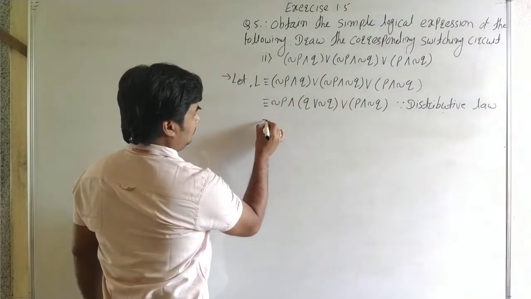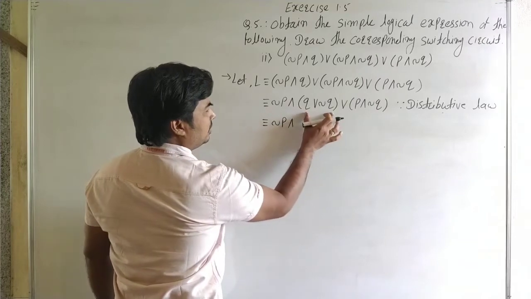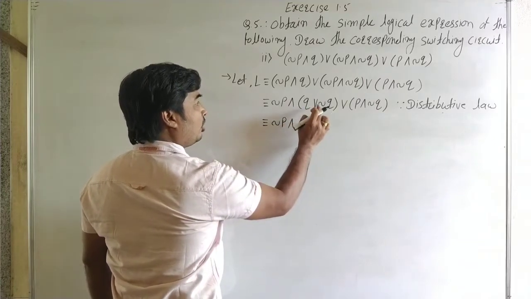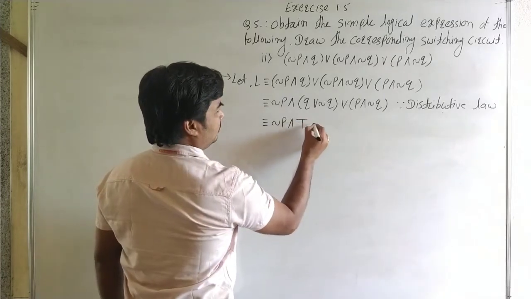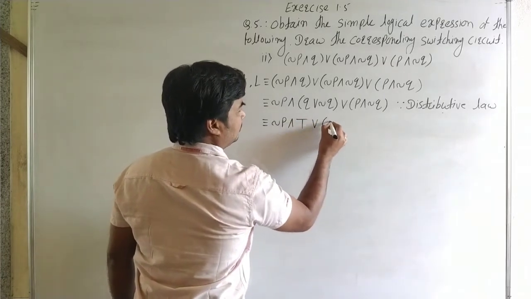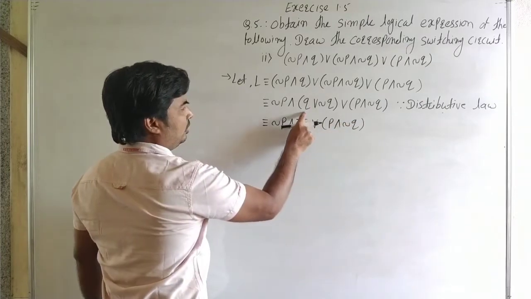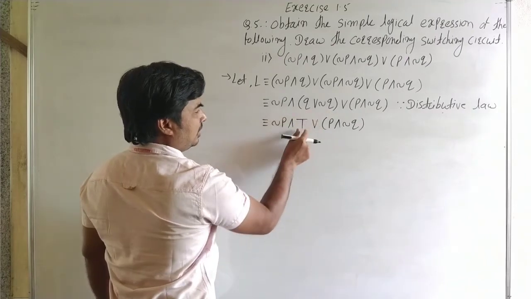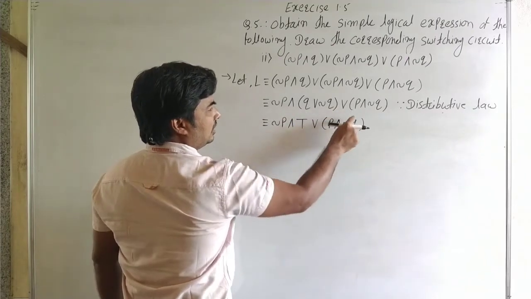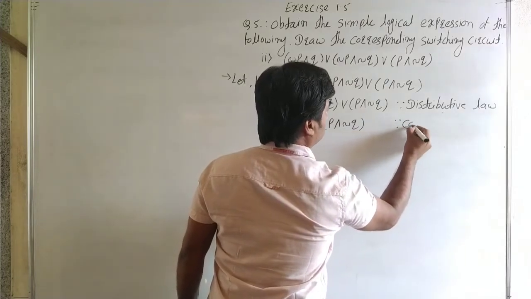Then here negation P, and see carefully this bracket: a statement or its negation is a tautology. And the third as it is, P and negation Q. Only this bracket, negation P as it is, and this bracket we can write as tautology, and it is or, and this bracket as it is. Here the complement law.